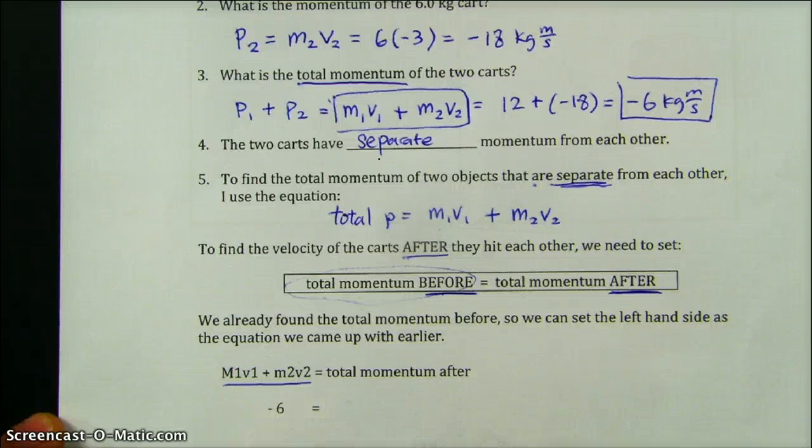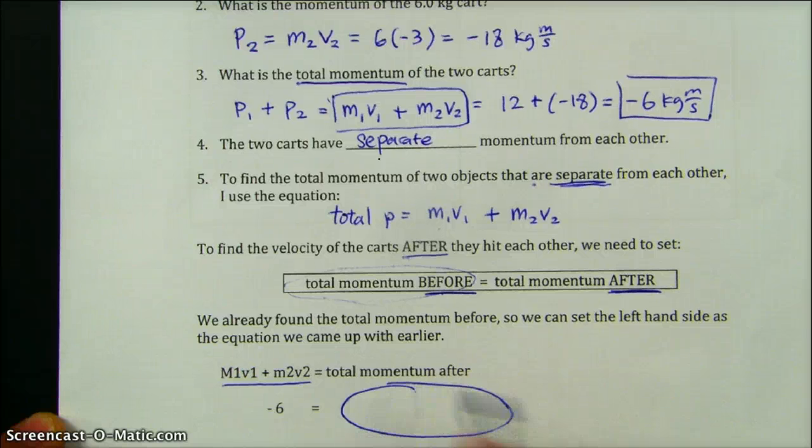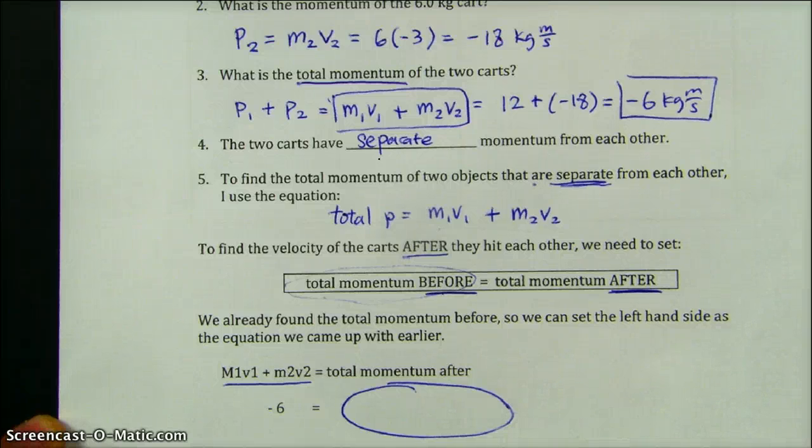But we need to figure out how the collision went afterwards in order to find the right-hand side of the equation. So we actually don't know what this is until they tell us what the total momentum afterwards is. So let's flip the page.